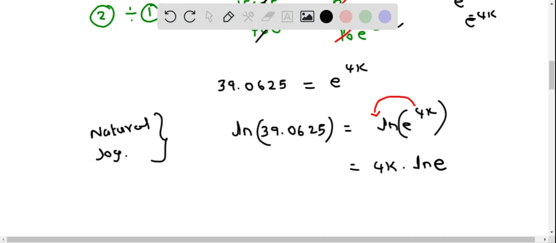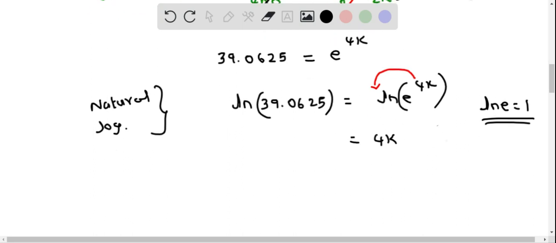It is known that the natural logarithm of e equals 1, so we can simply remove it, because 1 times any quantity is the same quantity. On the right side, we have only 4k, and on the left side, the natural logarithm of 39.0625. This equation helps us determine the value of k if we divide both sides by 4.